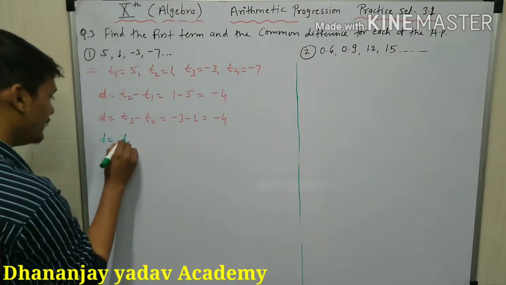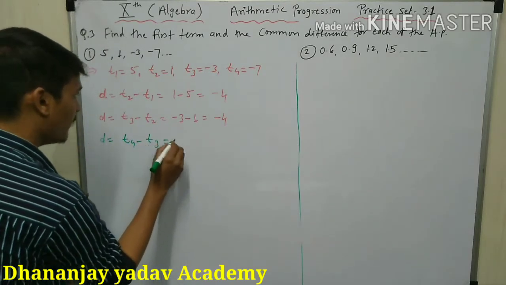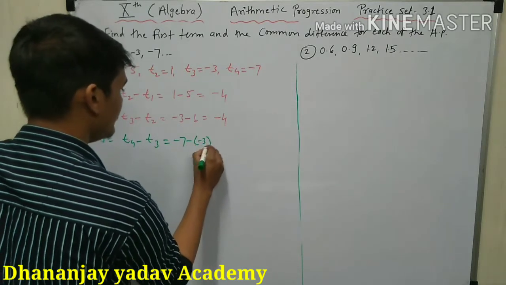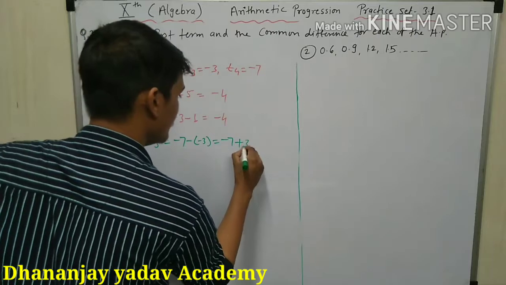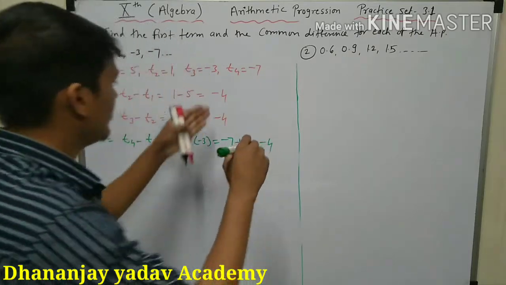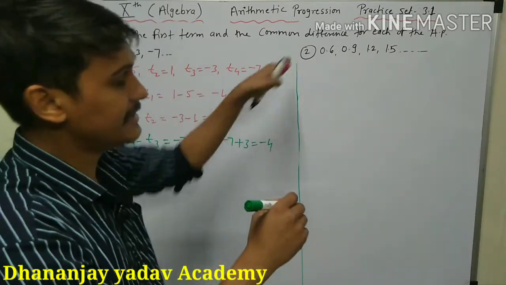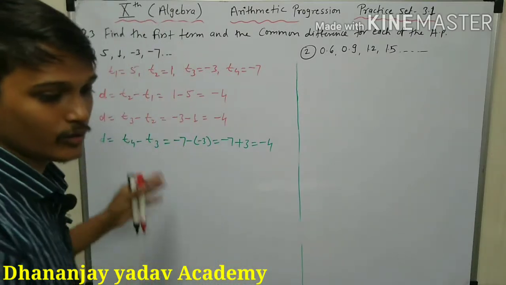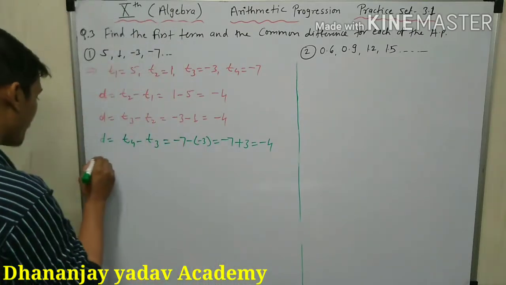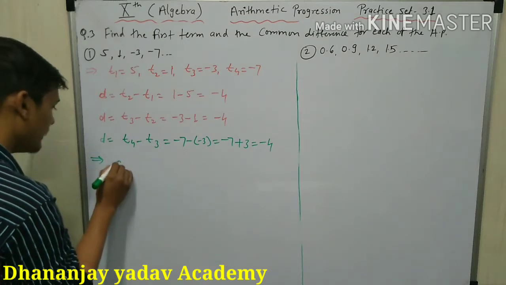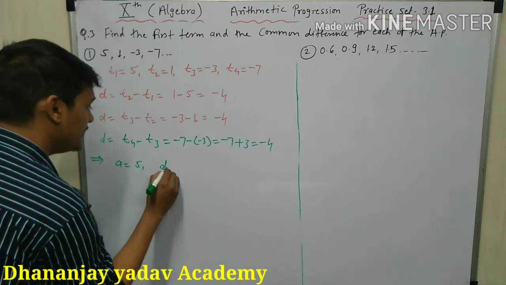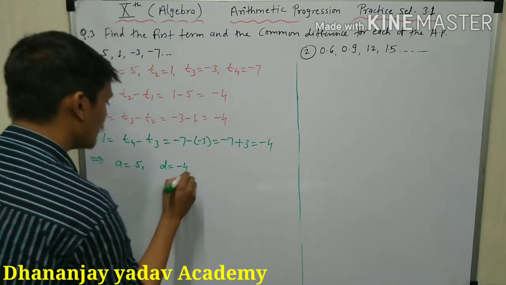Next is T4 minus T3: minus 7 plus 3 is equal to minus 4. The common difference is D and the first term is A. Understood? You can write here A is equal to 5 and D is equal to minus 4.